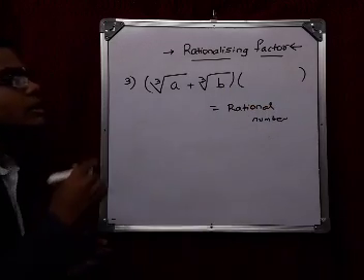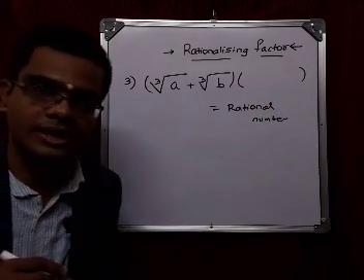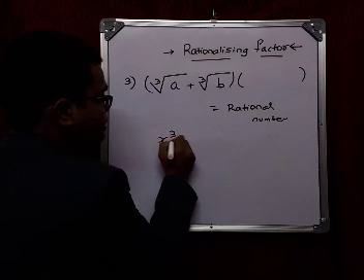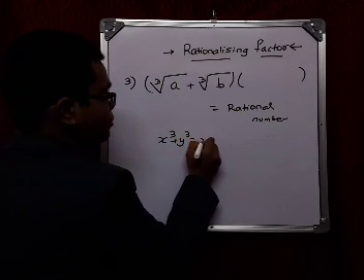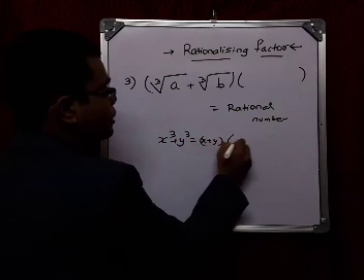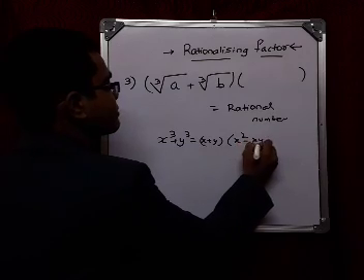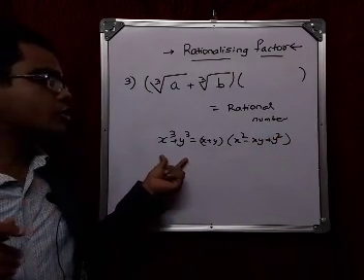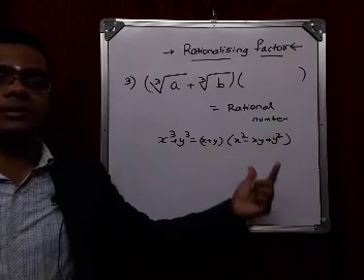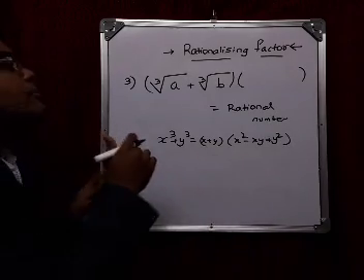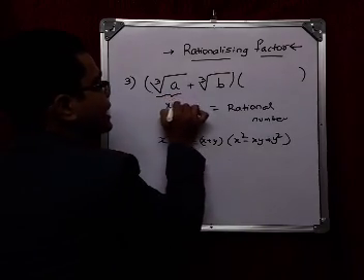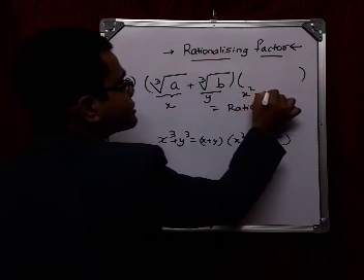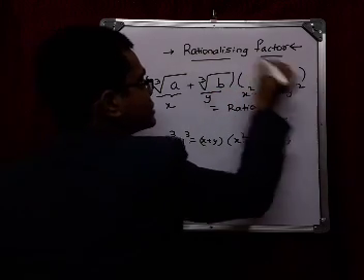Surely, whenever cubing is coming into the picture, always think of the formula x cube plus y cube is equal to x plus y into x square minus xy plus y square. This we learned already. The formula of a cube plus b cube is a plus b into a square minus ab plus b square. So I am thinking that this is nothing but x, this is nothing but y. So I should write here something as x square minus xy plus y square.